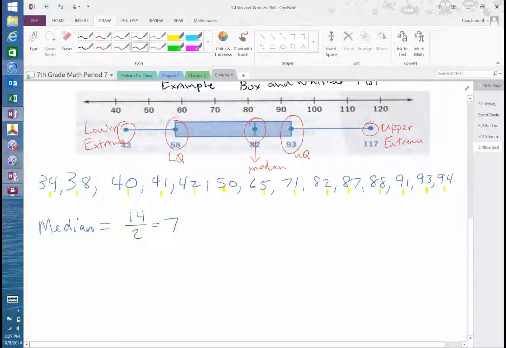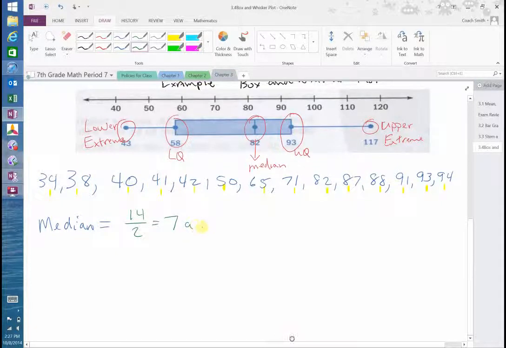So that means the median is the 7th and 8th number. So 1, 2, 3, 4, 5, 6, 7, 8. Those two numbers represent where the median is located.